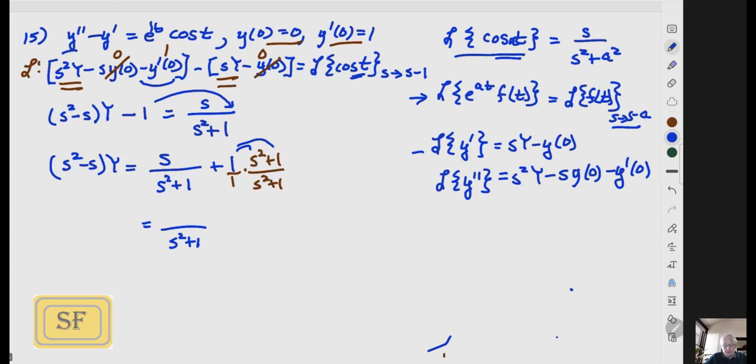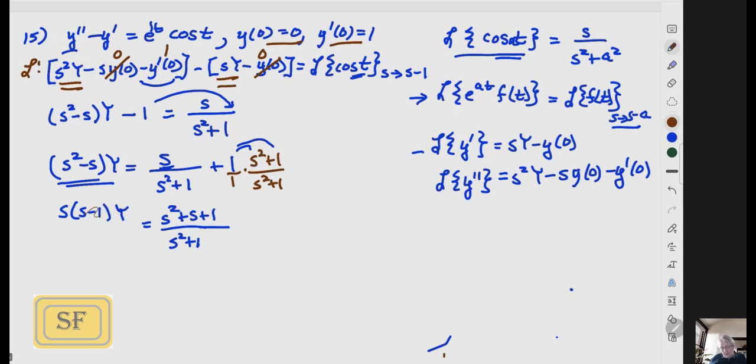And in that coefficient of y, I'm going to factor out an s. And so when I solve for y by dividing by s minus 1, that puts factors of s minus 1 in the denominator of this fraction that I have.